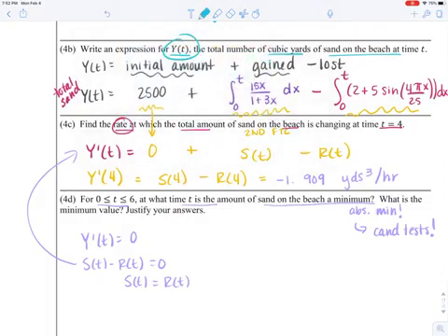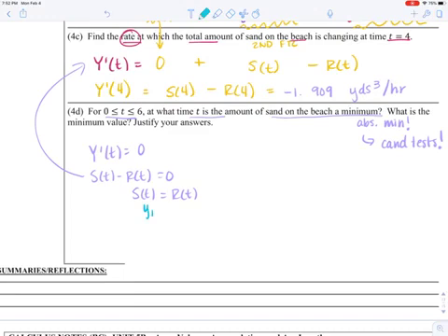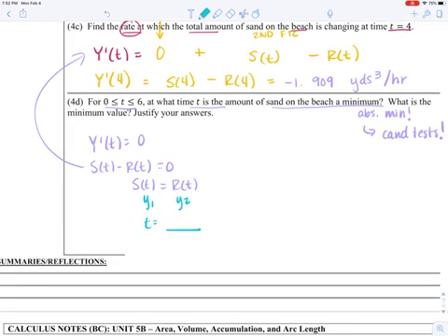Well, if I go to my calculator and I plug this in y1 and I plug this in y2 and I use my calculator, you're going to get an intersection, okay? I'm not going to give you that intersection. You're then going to go and do candidate's test. You're going to have your endpoint of 0, because it says 0 to 6, your endpoint of 6, and whatever this number is going to go right here.